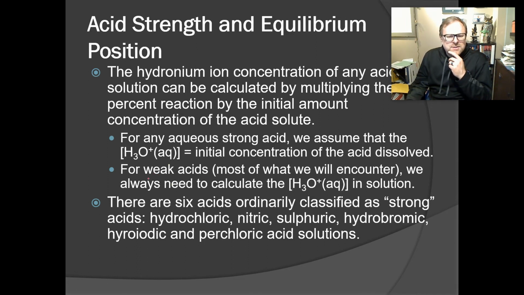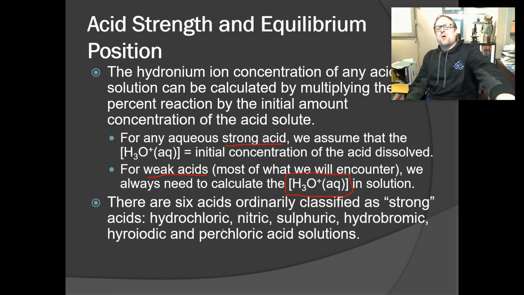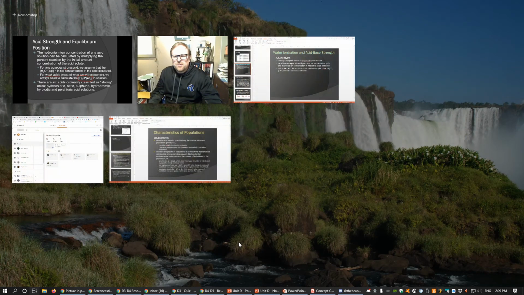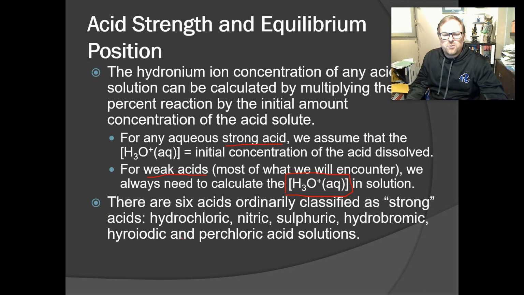For weak acids, okay, so remember this is strong acids. For weak acids, which is what we mostly encounter, we'll always need to calculate the hydronium ion concentration in the solution. There are 6 acids, we've already talked about those, that are considered to be strong acids. And if you forget them, you've always got your data booklet handy if you need to.